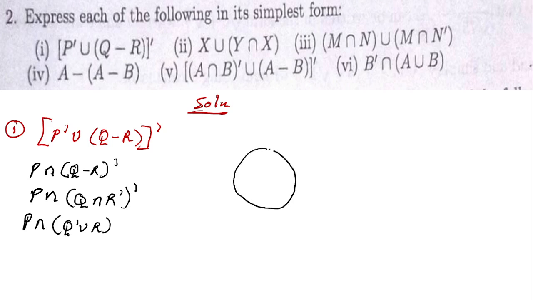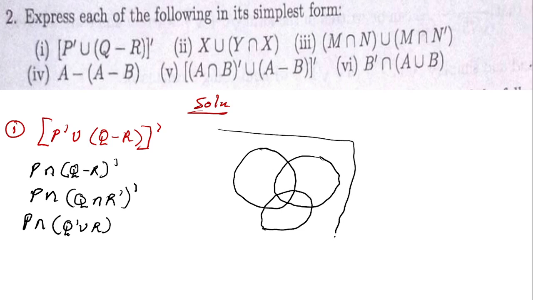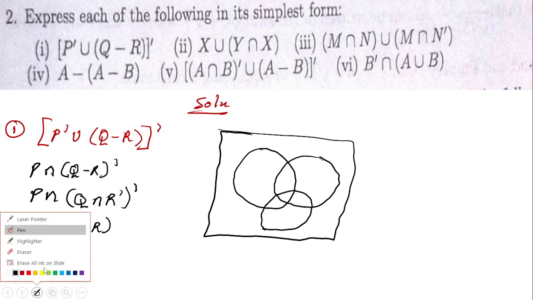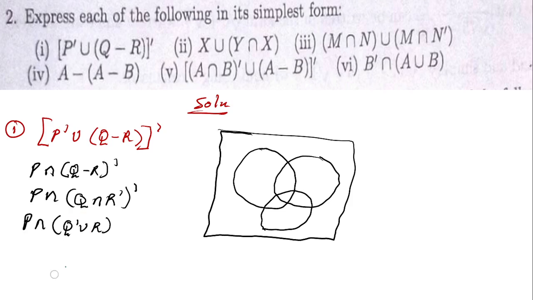So if we were to assume Q, P and R were joint sets, so let's say we had something like that, and then we have the Venn diagram. The Venn diagram will just help us to analyze the question and know if at all we have reached or not reached.